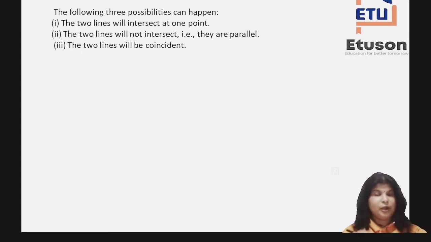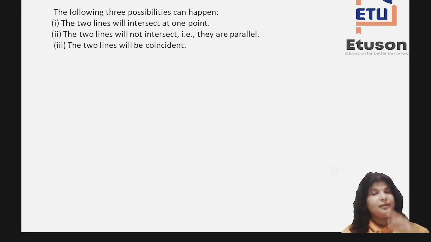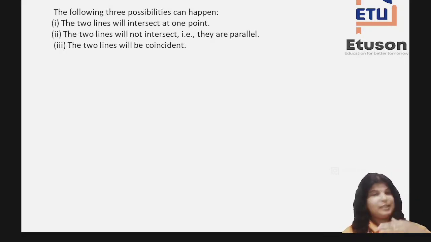If you plot a pair of linear equations in the graph, you will get three cases: either the lines will be intersecting at one point, or they will be parallel to each other, or they will be coincident with each other.